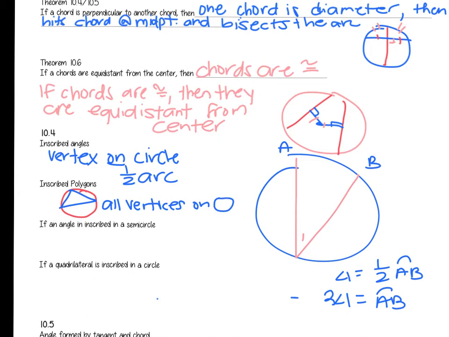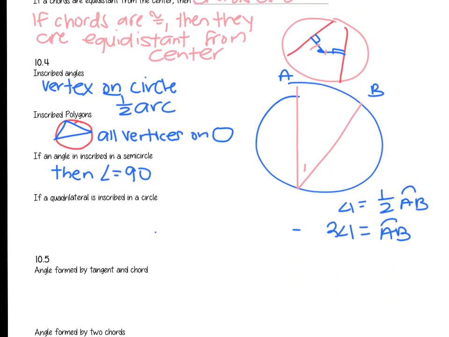If an angle is inscribed in a semicircle, then the angle equals 90 degrees. So if I have a circle with a semicircle, then this angle would have to be 90 degrees. If you think about it, it's half the arc it intercepts, and that arc on a semicircle will be 180. Half of 180 is 90.